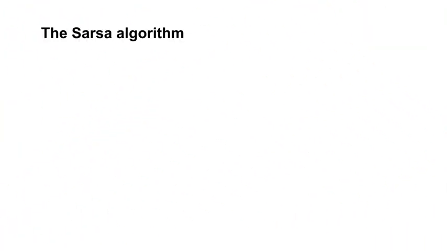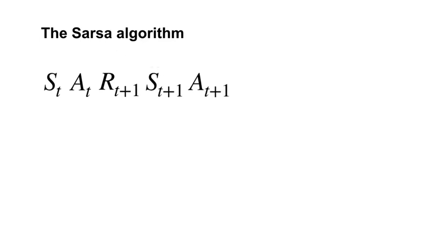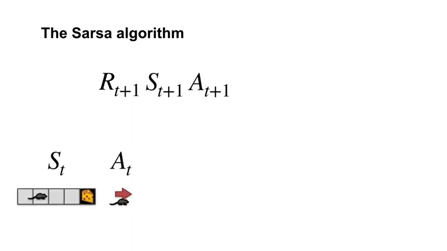The Sarsa acronym describes the data used in the updates: state, action, reward, next state, and next action. Sarsa makes predictions about the values of state-action pairs. The agent chooses an action in the initial state to create the first state-action pair.